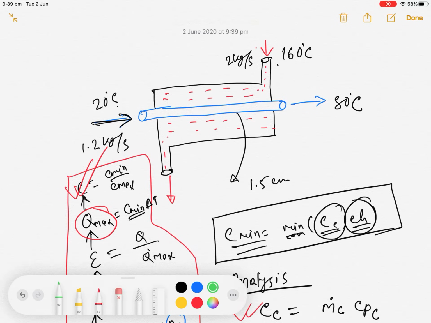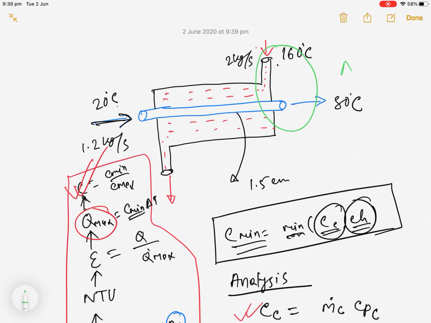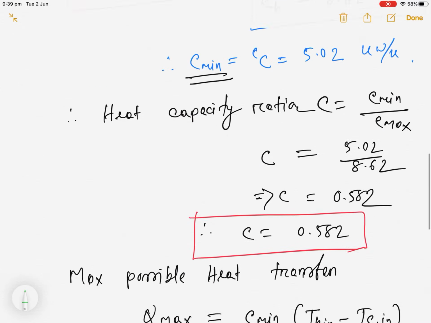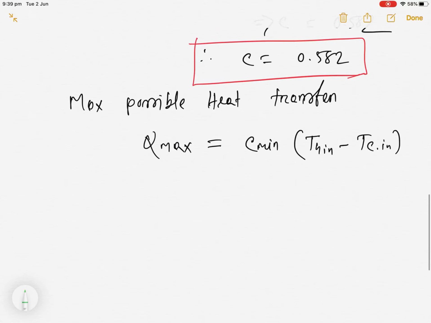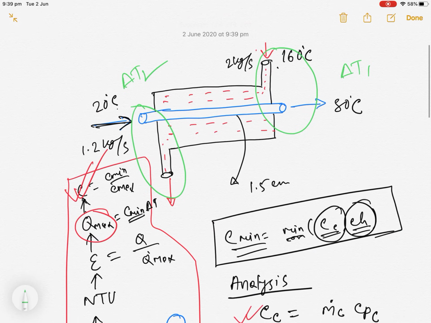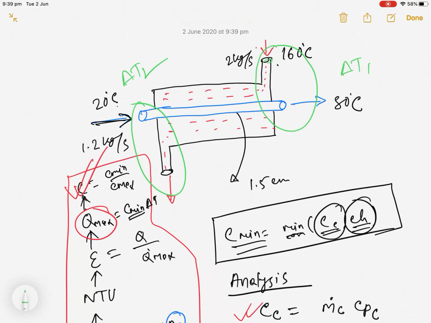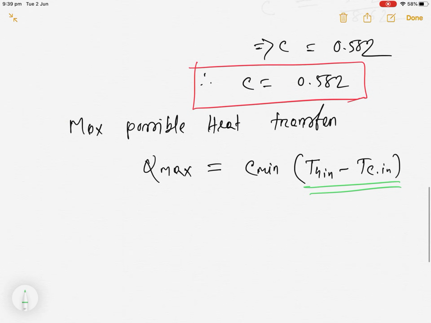Here, some of you may ask me, why are you taking this? When we did the log mean temperature difference, we said this is delta T1 and this is delta T2, right? Now I'm suddenly telling you the temperature difference here is the hot fluid inlet and the cold fluid inlet. Why not the difference between this and this?